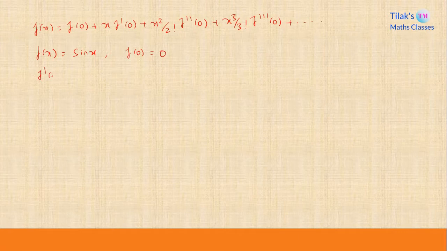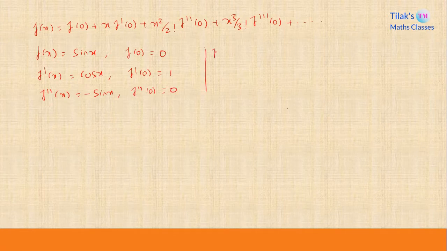Now f dash of x is equal to, the derivative of sin x is cos x, and f dash of 0 is equal to 1. The same way f double dash of x is equal to minus sin x and f double dash of 0 is again 0.